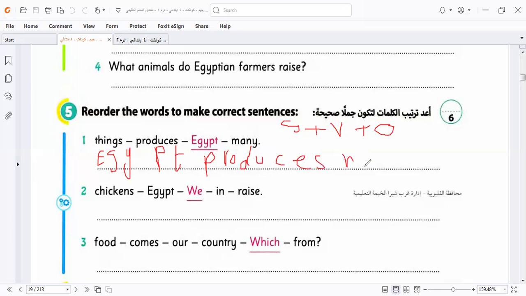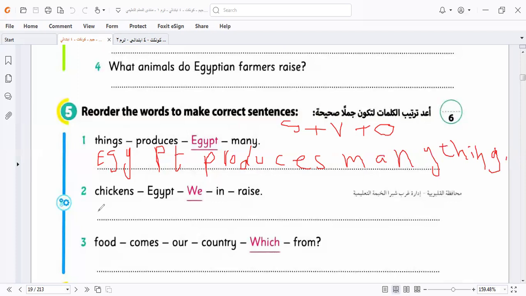And here I put a full stop, not a question mark. It is a statement sentence, not a question.